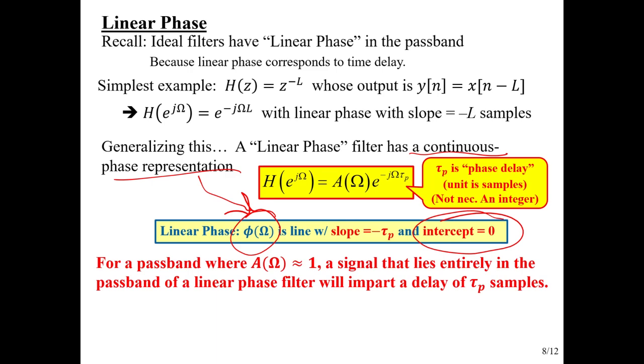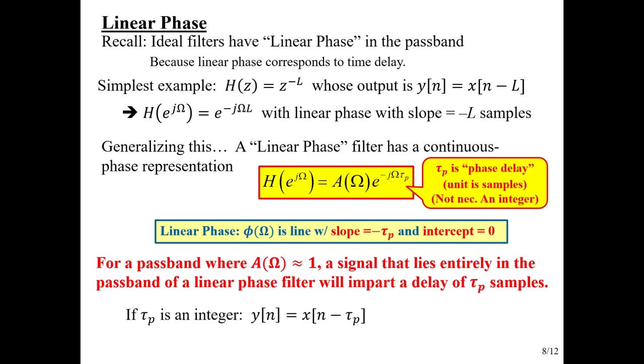So if we have a filter where the pass band is approximately equal to 1, and the signal spectrum lies entirely in that pass band, then this linear phase will, with the exception of this approximation, just impart a delay of tau sub p samples. So that's easy to interpret if tau sub p is an integer. It looks just like that, even though it can be a more complicated filter.